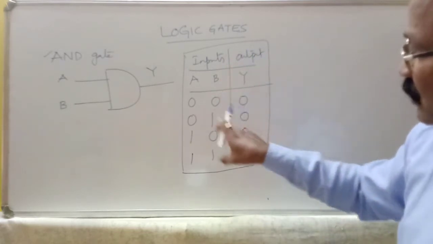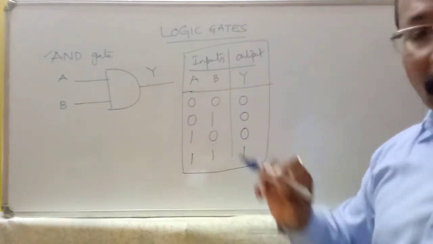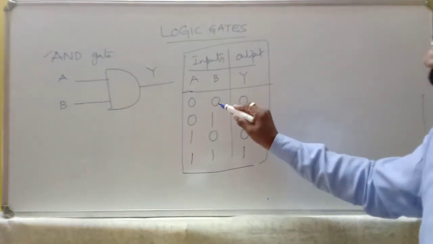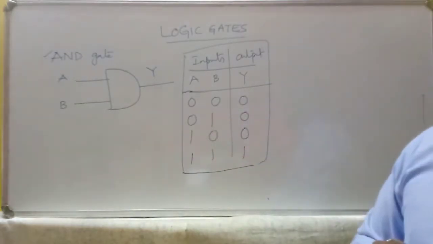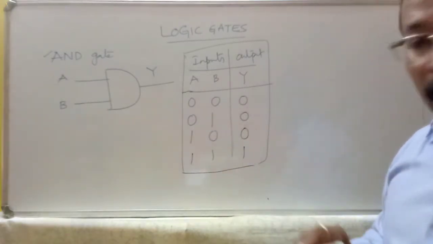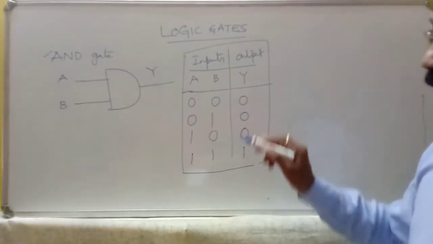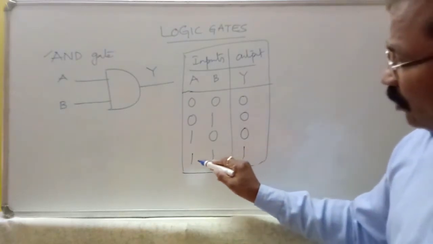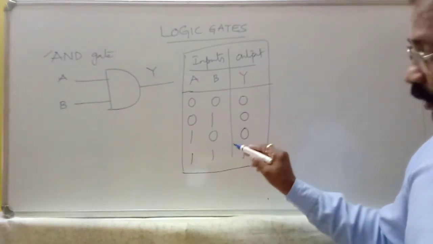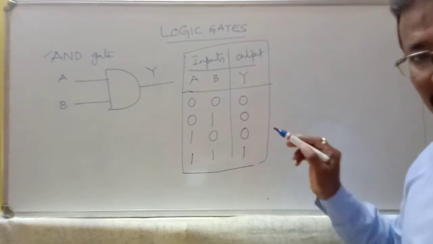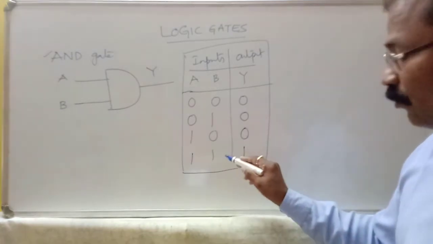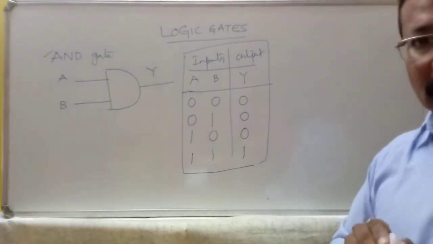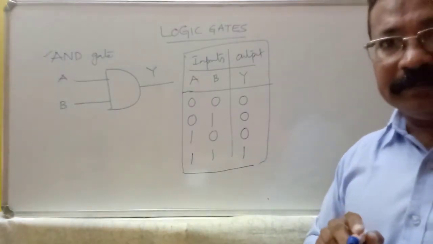While observing this truth table, if any one of the inputs is 0, the output becomes 0. When all the inputs are 1, then only the output becomes 1. That is about the AND gate.